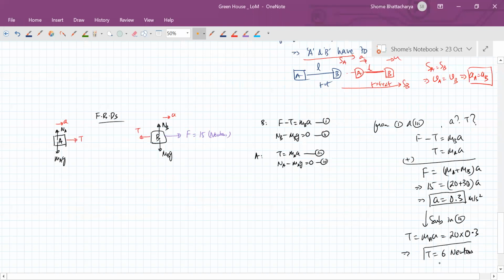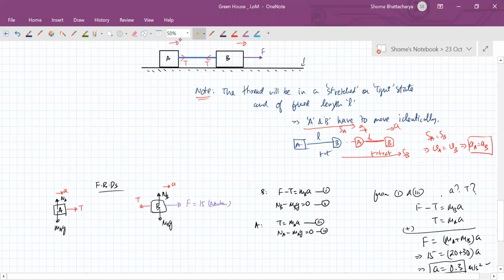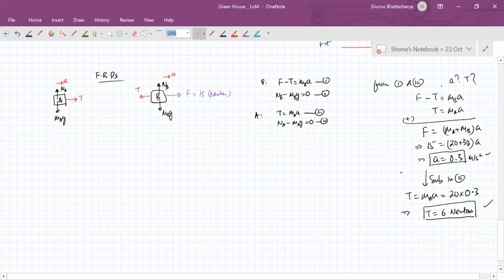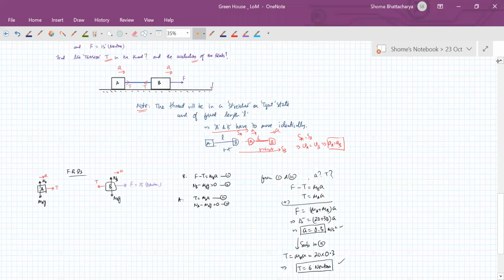That's it. Okay. So ultimately everything in this chapter is solved by making the free body diagram and then applying Newton's second law. I will just minimize this a little so that you can go through it and note down everything properly.